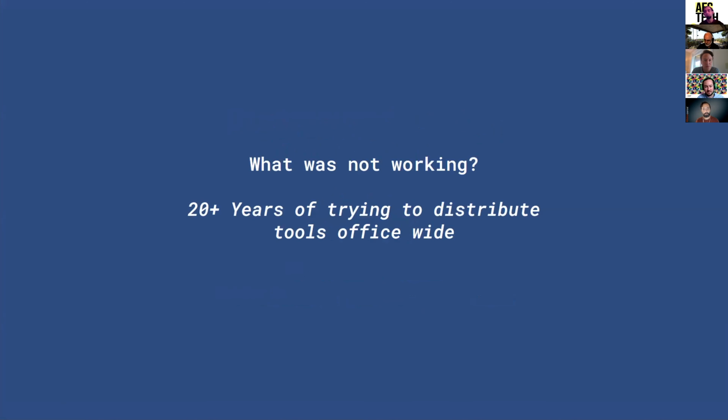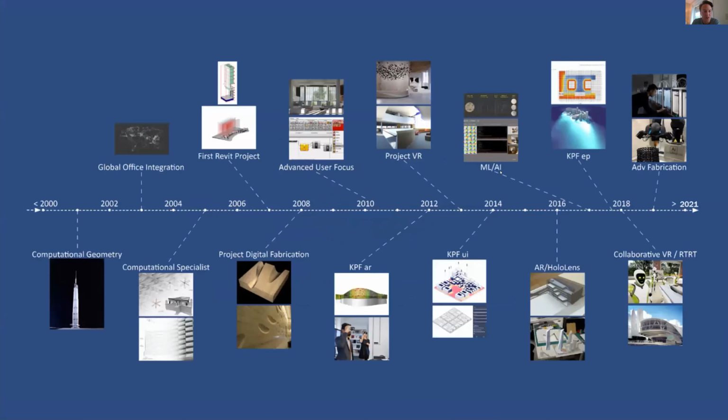So what we want to do is talk a little bit about how we're thinking about sharing tools and developing tools now, but we wouldn't be able to do that without looking back a little bit on the history of KPF. This is an issue that we've been dealing with for a long time. KPF has, I think, a 45-year history.